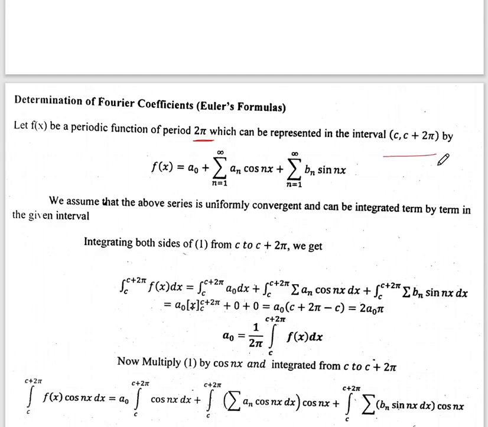It is given as f of x equals a0 plus summation n equals 1 to infinity an cos nx plus summation n equals 1 to infinity bn sin nx. If the period is 2 pi, then the Fourier series can be defined in this way, with cos nx and sin nx.